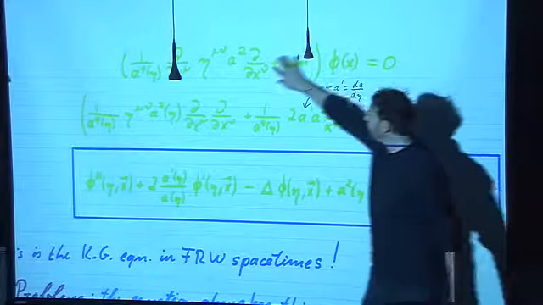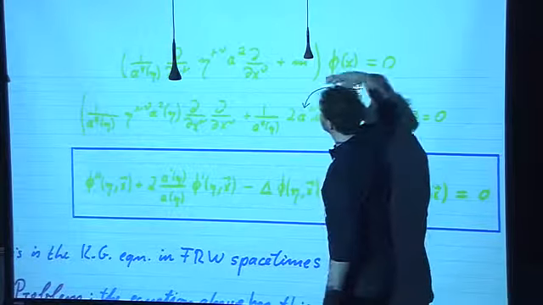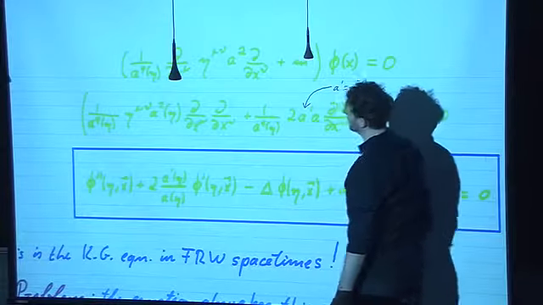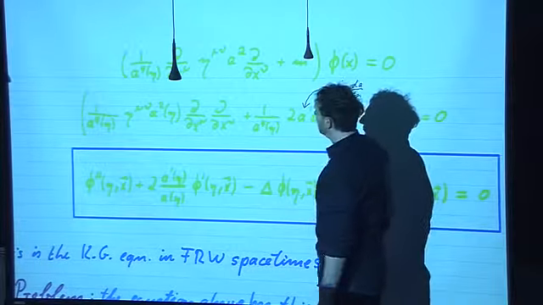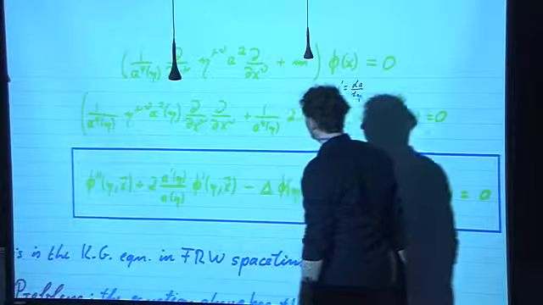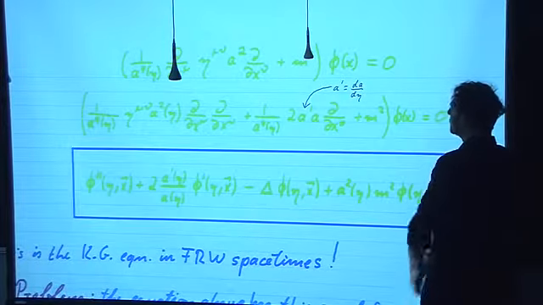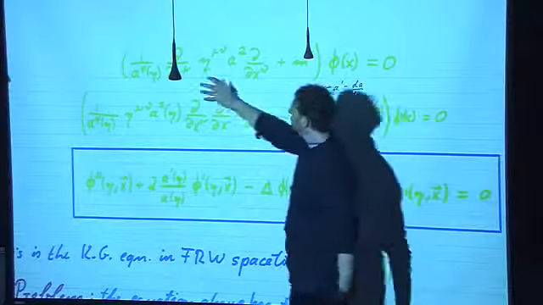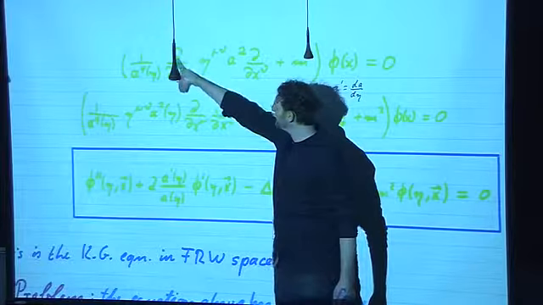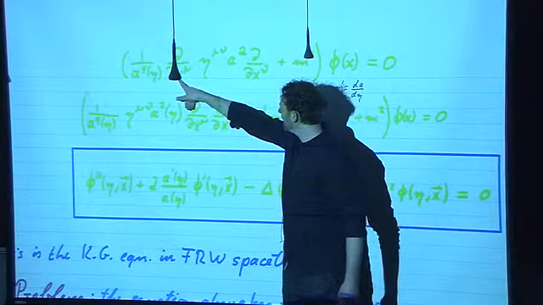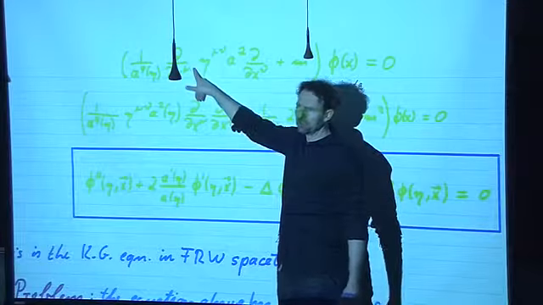Now, let's work that out. What is the Klein-Gordon equation explicitly when we spell out all the sums here? We're going to have 2 kinds of terms. See, this derivative doesn't commute with these terms, but it almost does.